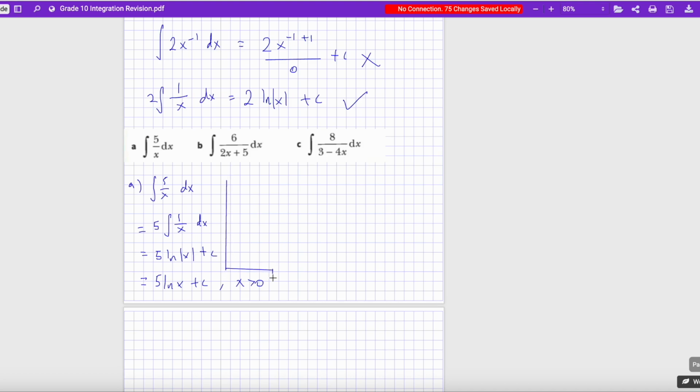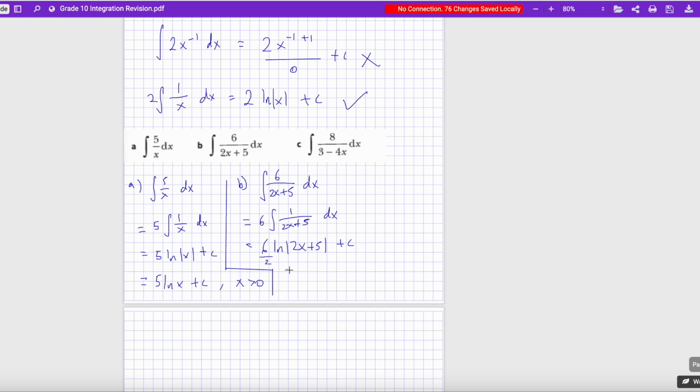Okay, let's get back. Let's try B. We're going to integrate 6 over 2x plus 5 dx. I'll factor out 6 first, so 2x plus 5 is in the denominator. This will basically be ln of 2x plus 5, I use a mod sign, plus c. And do not forget, you have to differentiate what's inside the bracket, which is 2, and divide the whole thing by 2.